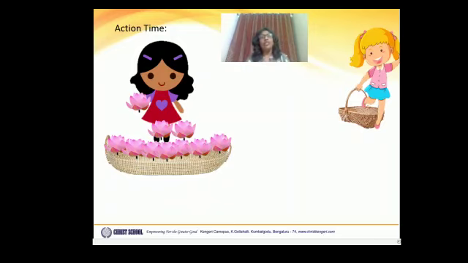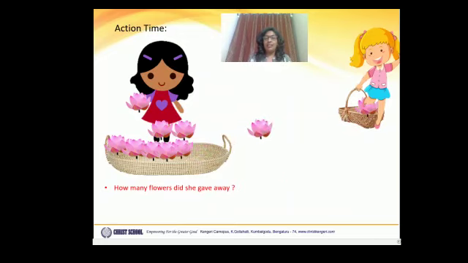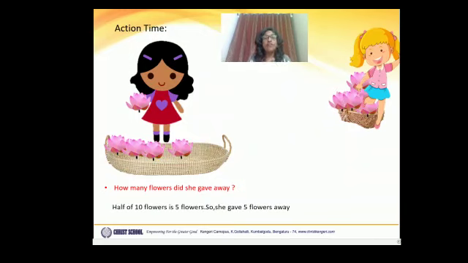Half of them to a friend. So, how many flowers did she give away? 1, 2, 3, 4, 5. Half of 10 flowers is 5 flowers. So she gave away 5 flowers.